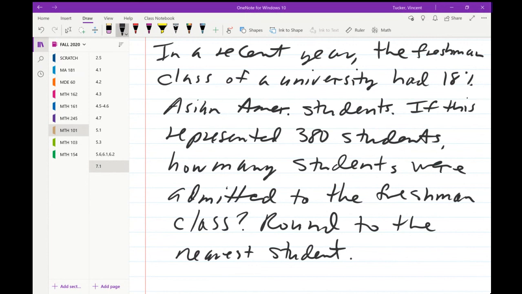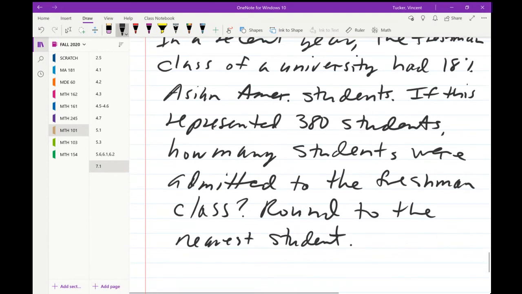All right. In a recent year, the freshman class of a university had 18% Asian American students. If this represented 380 students, how many students were admitted to the freshman class? Round to the nearest student.